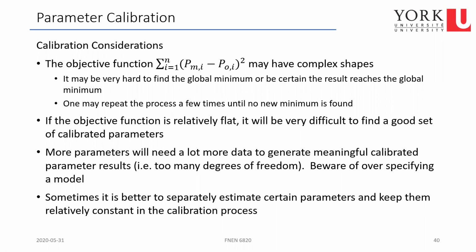Since the objective function may have a complex shape, it may not guarantee that you will have a global minimum. So you may have to accept that you reach a local minimum rather than a global minimum, and the parameter estimated is based on a local minimum.